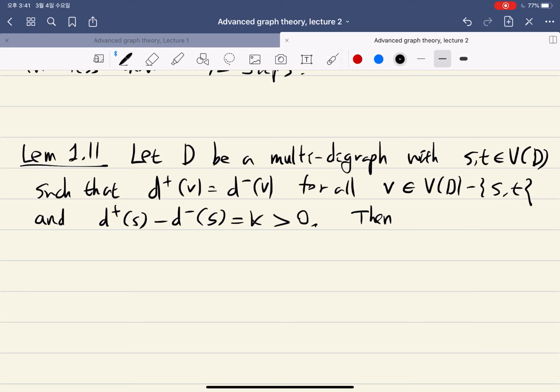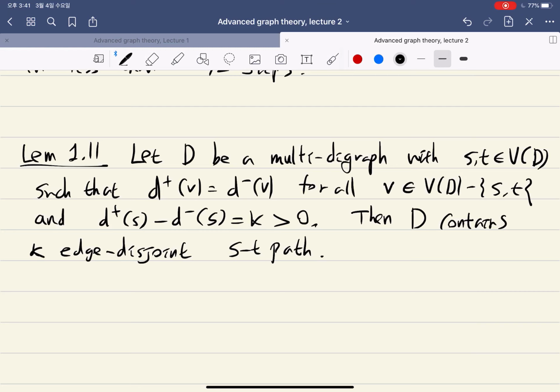Then we claim that in this digraph, we can find k edge-disjoint directed paths from S to T.